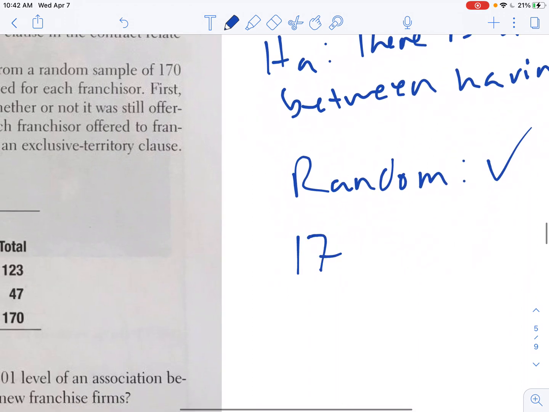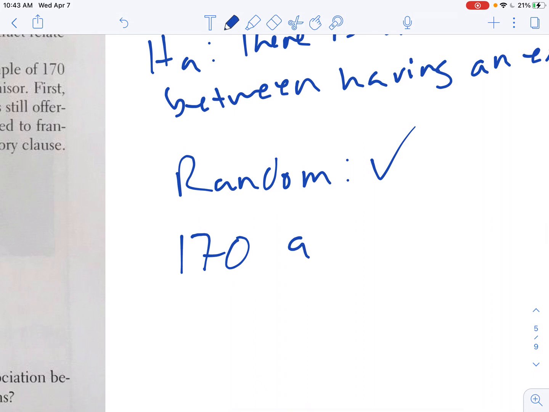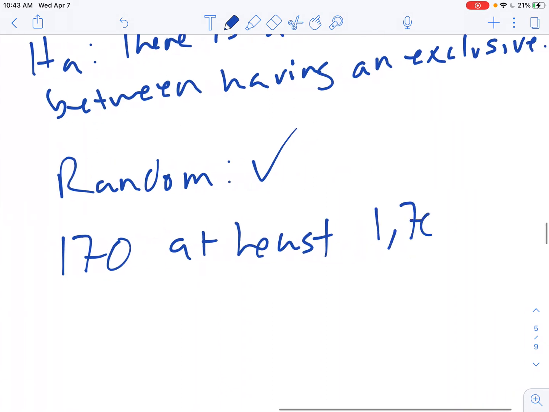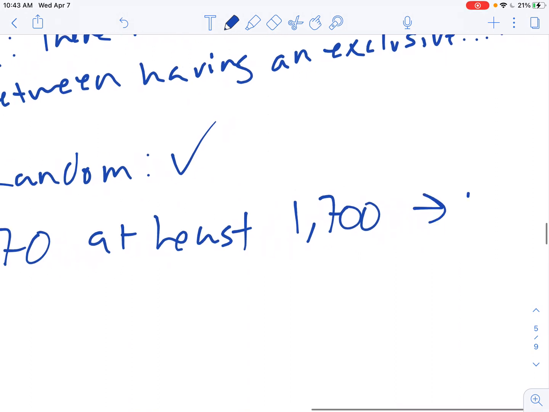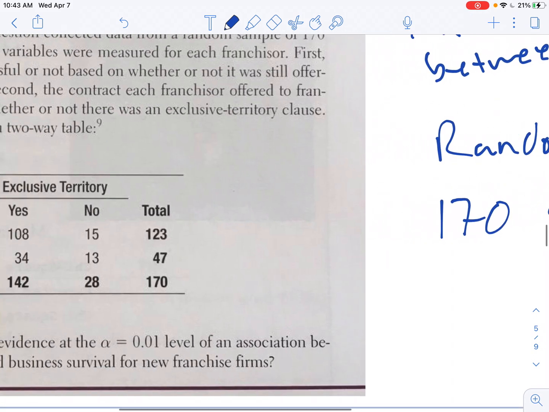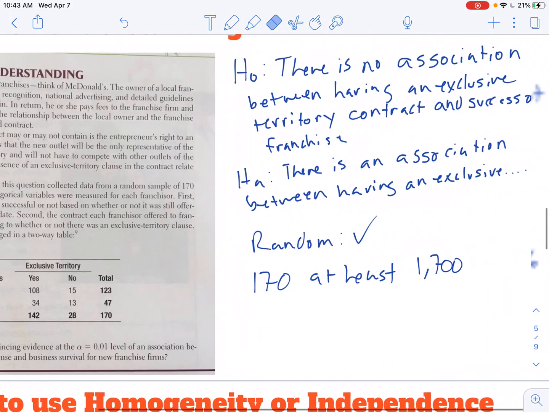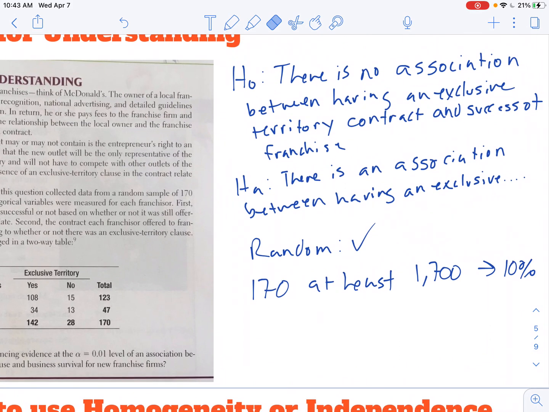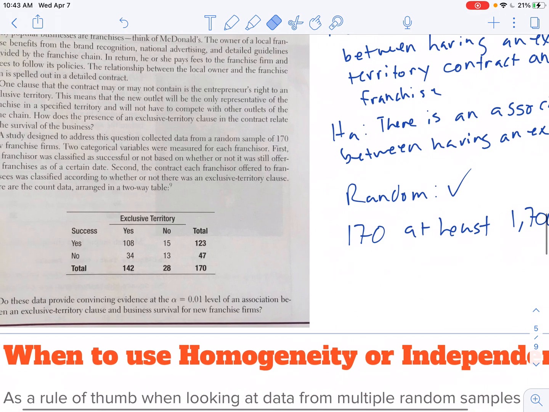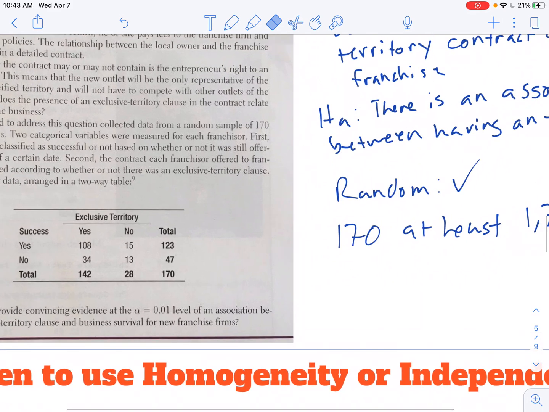Since there's 170 firms, we need at least 1,700 franchises to meet the 10% condition. Since this is just talking about franchises in general, there are easily 1,700 franchises in the United States. And then finally, we've got the expected counts condition.